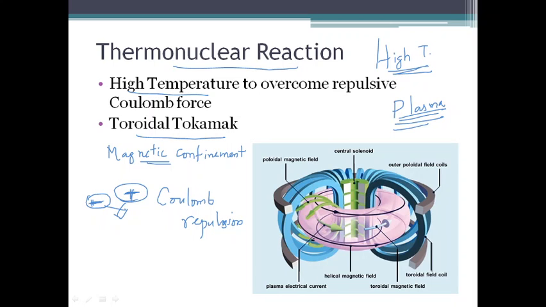Inside a toroid we have a magnetic field, and the magnetic field will be used to confine the plasma inside without actually touching it. So this is one of the major challenges that we face in maintaining a nuclear fusion reactor, to set up such a magnetic confinement system where plasma can be maintained.